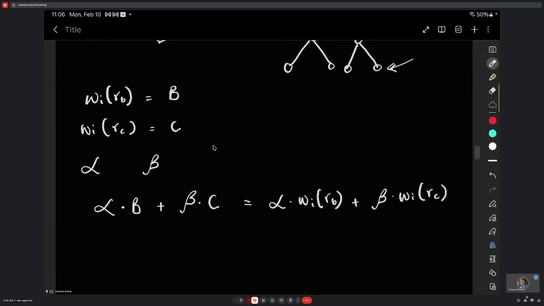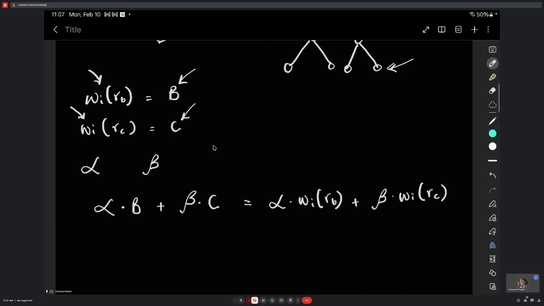Like, I just equated Wi evaluated at RB is equal to B. This is a polynomial, right? This is a constant or a single value. This too is a polynomial. This is a single value.